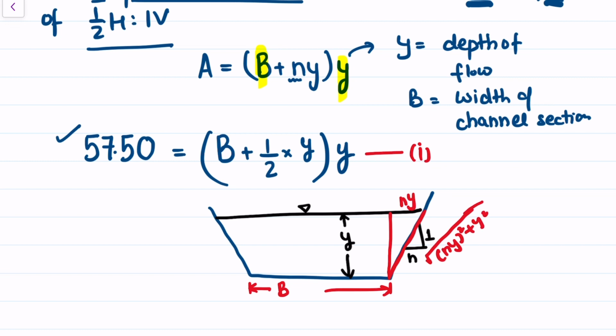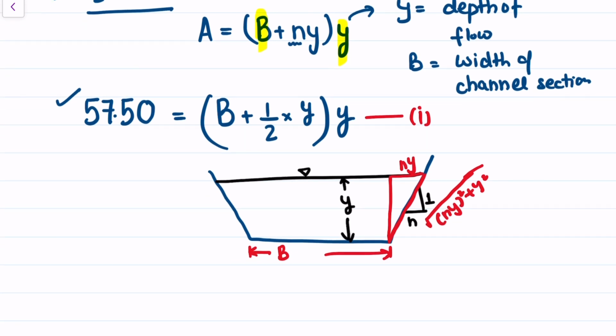Simple trigonometry, use of Pythagoras theorem. This is the side slope or the wetted parameter, and like this we have 2.